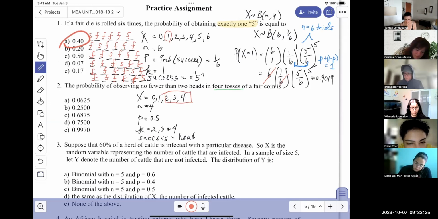Because the binomial formula only works for one at a time, I have to apply it 3 times to solve this problem. So I have to calculate x equals 2, x equals 3, and x equals 4.